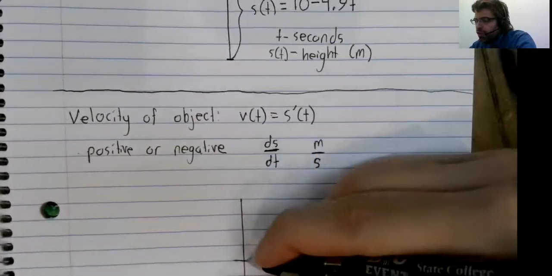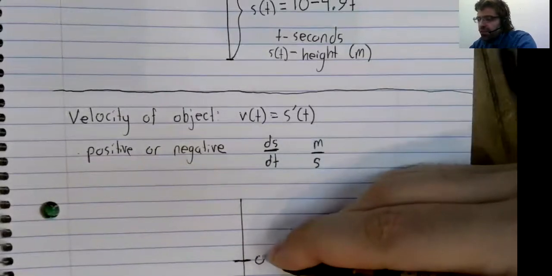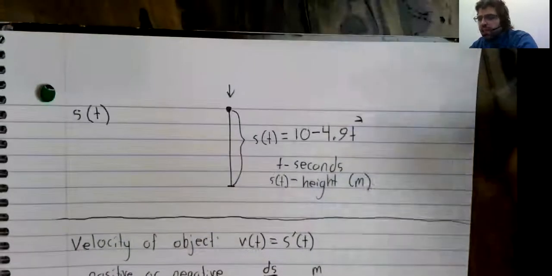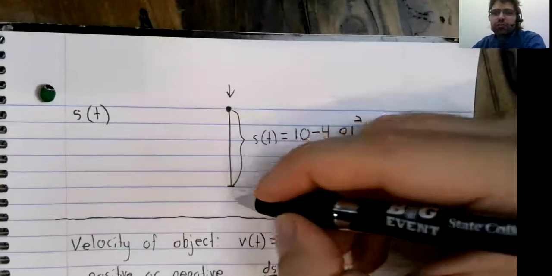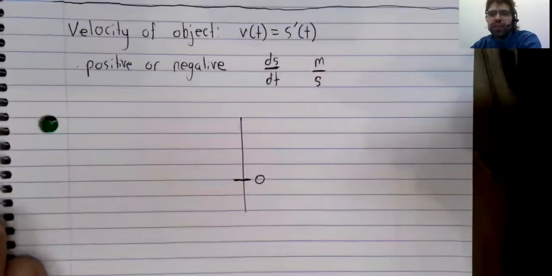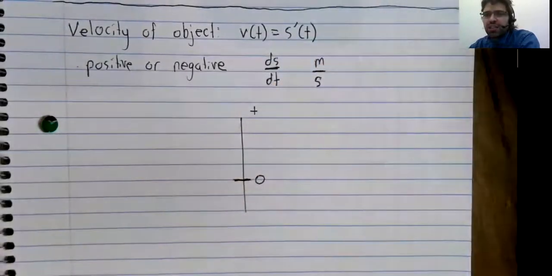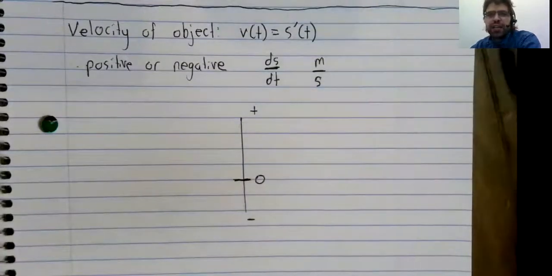You're measuring position from some zero. In this case, 0 represents the ground, and you've got a positive direction and a negative direction.